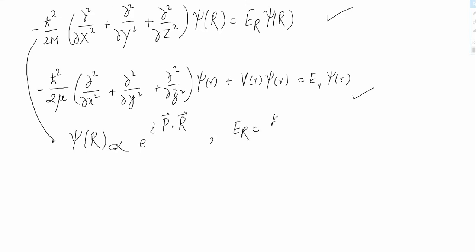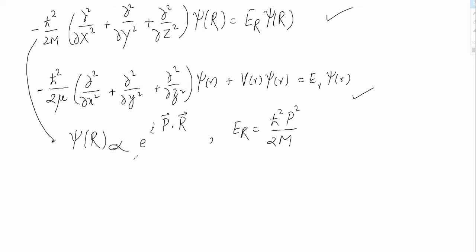This is simply h square k square upon twice M. The p is related to the E_R. Therefore, this will be the wave function of a free particle moving in space.